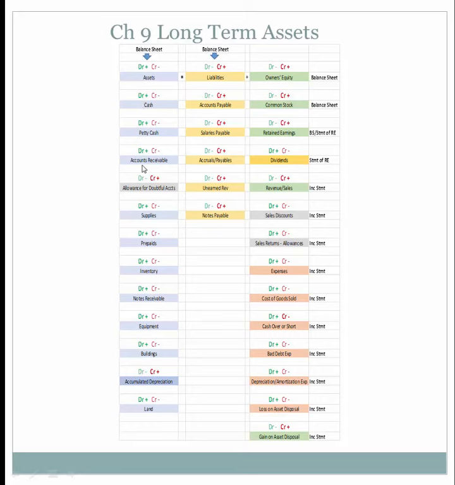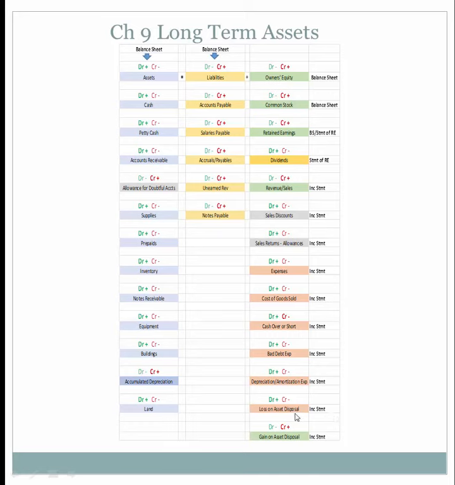Next, we learned about more long-term assets, more different types of long-term asset categories. And we also learned about amortization expense, which is for intangibles. It's an expense on the income statement, increases with the debit. And then we learned about other revenues and expenses, specifically gains and losses on asset disposals, both of which are found on the income statement.